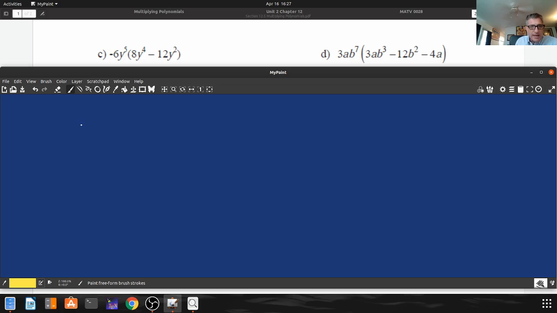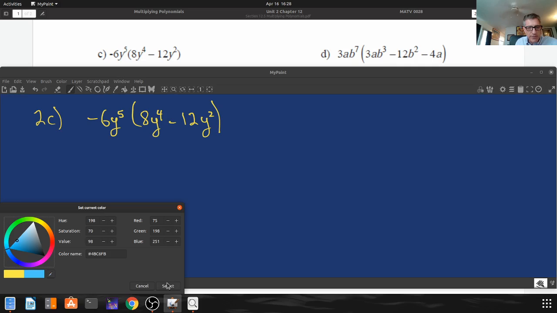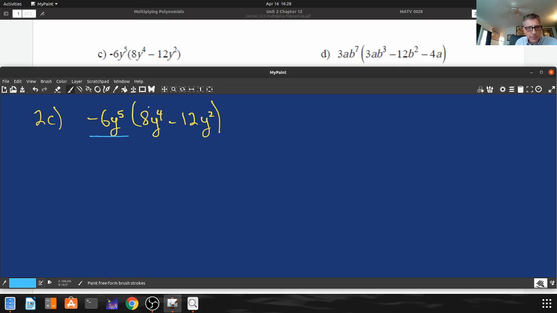So here we have, this is 2c, minus 6y to the 5th times 8y to the 4th minus 12y squared. So again, we're going to take this entire first term and we're going to multiply it by the entire first term here and then by the entire second term.